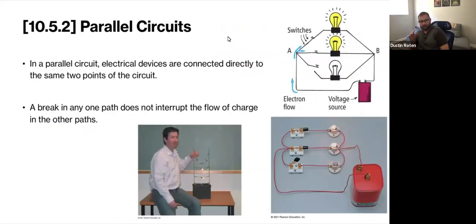Now, parallel circuits are more common to see out in the wild, but their math is a little more tricky. So we'll have to be careful here. So in a parallel circuit, electrical devices are essentially connected directly to the same 2 points of the circuit. And essentially what that means is right here, we've got points A and B. You'll notice that B is just an extension of one of the battery terminals.